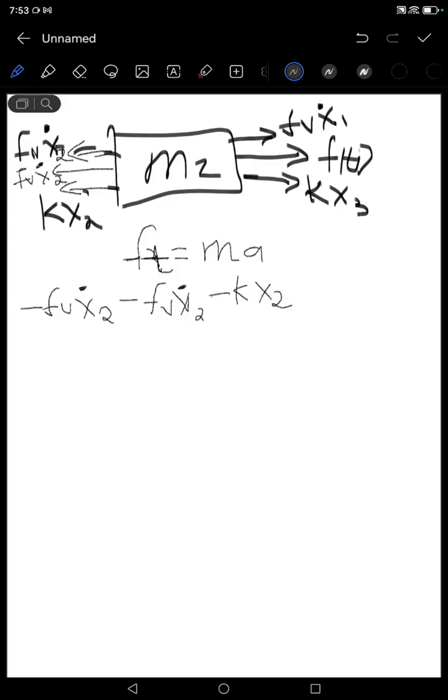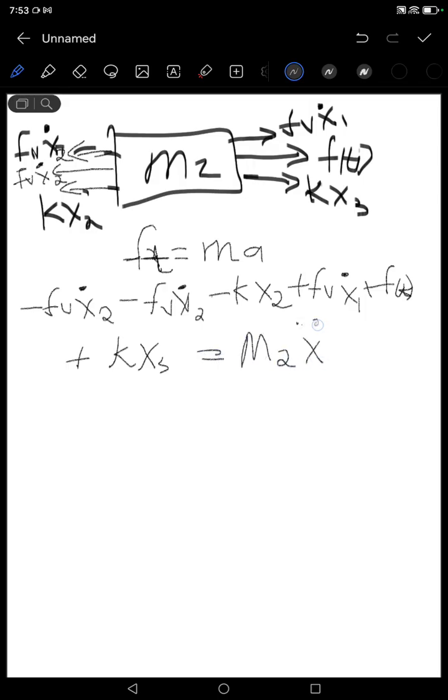Then on the right hand side, we're going to have plus FV x1 dot, plus f of t, plus k x3, all equals m2 x2 double dot of t.